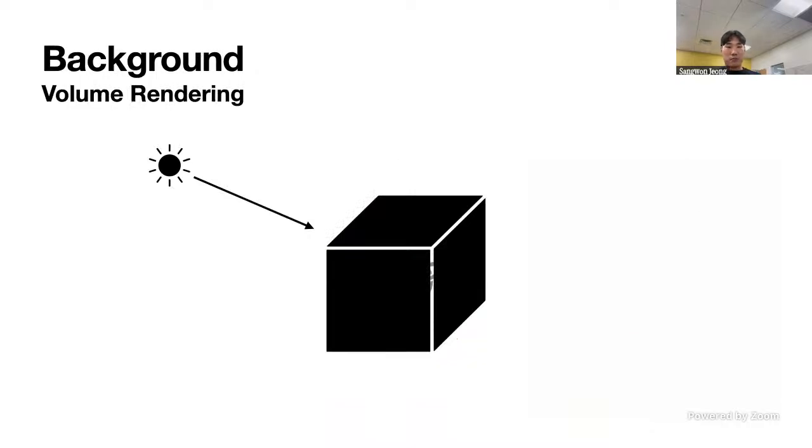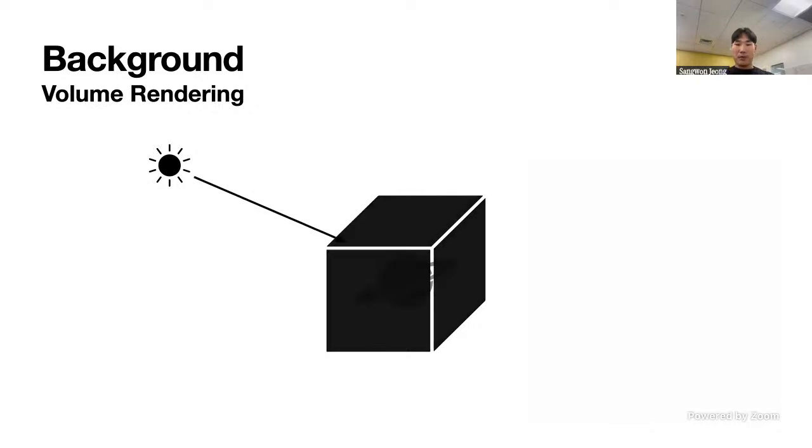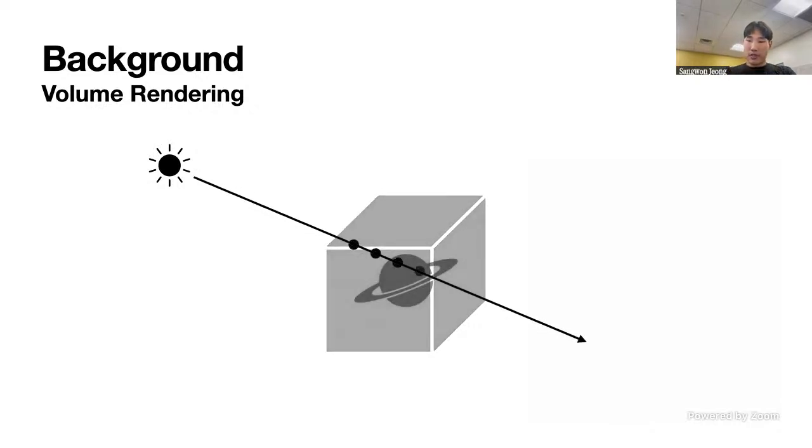Now, next, let's briefly cover some background. The objective of volume rendering is to visualize 3D data sets by simulating light interaction with the volume. This process involves mapping voxel values to visual properties like color and opacity, which is accomplished by the transfer function. The transfer function defines how the internal structure of the volume appears based on intensity.